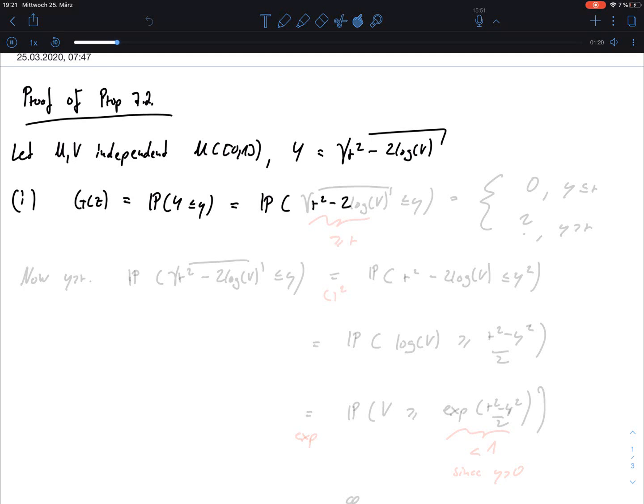So we have the probability that the square root of r squared minus 2 log V is less or equal than y, and by construction, this is greater or equal than r. So we have two cases. This probability is 0 if y is less or equal than r, and otherwise we have to take a deeper look.